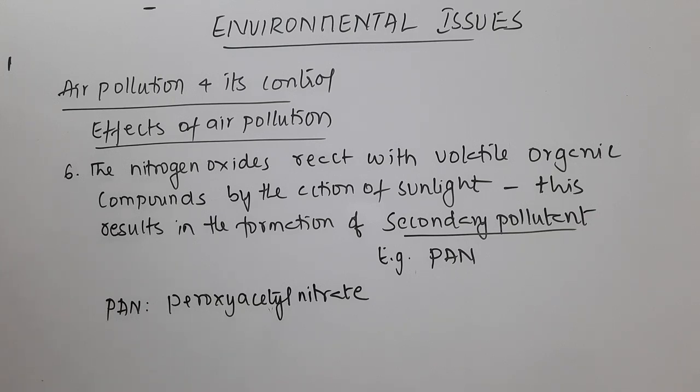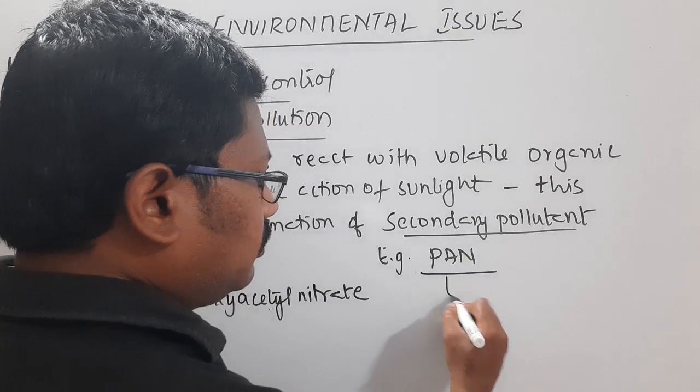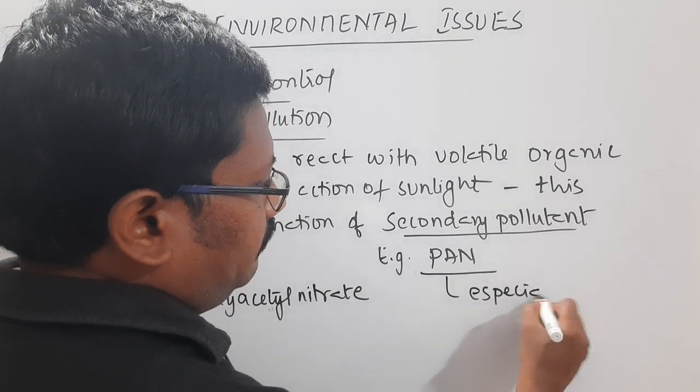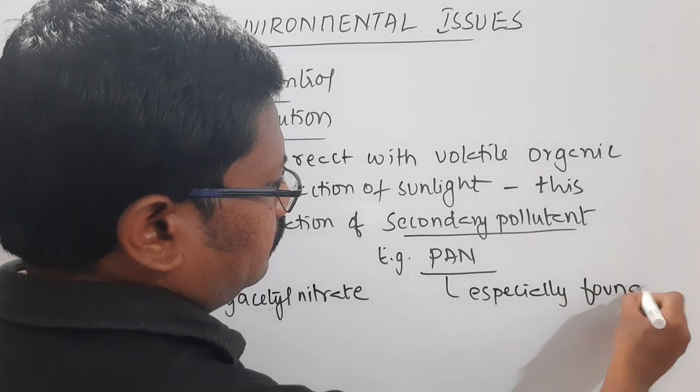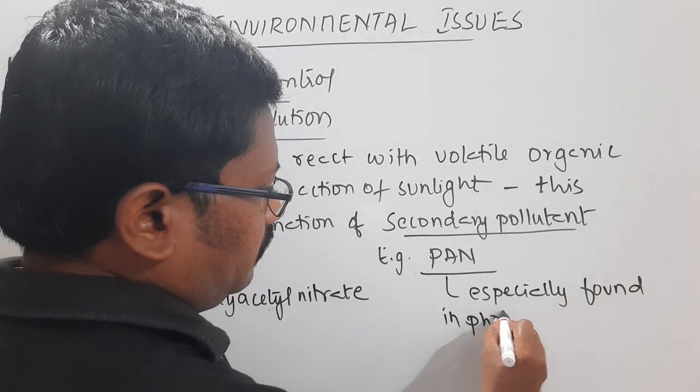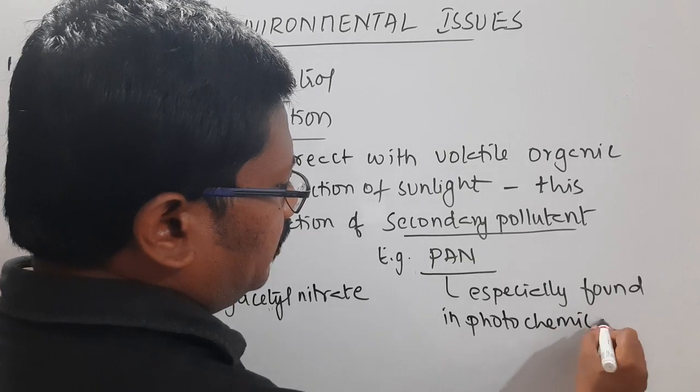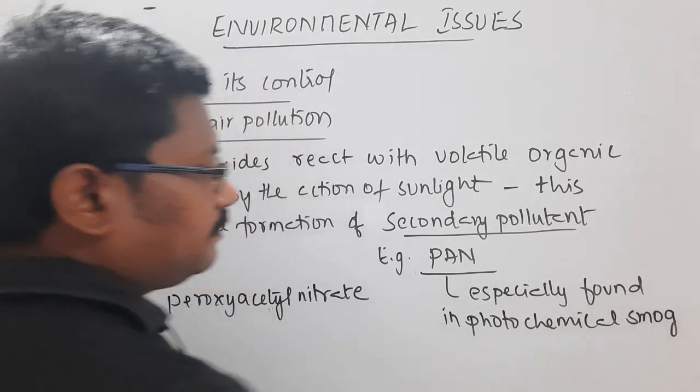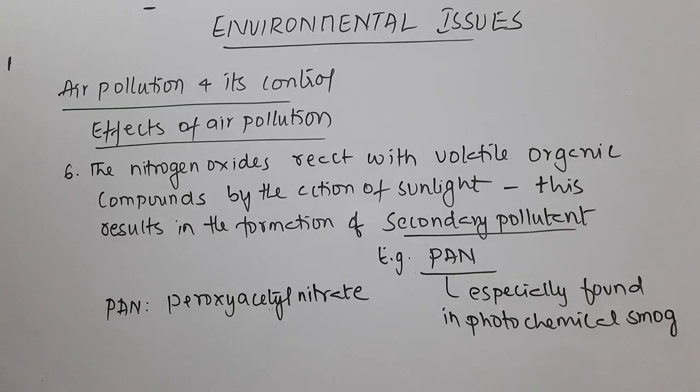This PAN is especially found in photochemical smog. Smog is a combination of smoke and fog, and it consists of this peroxyacetyl nitrate.